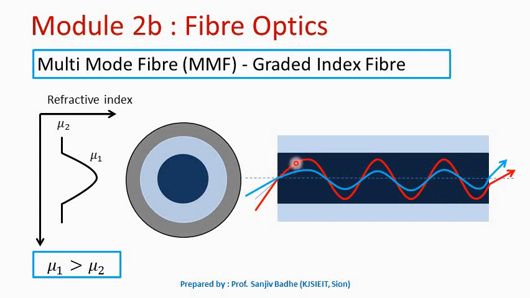The direction of the light ray will continuously change because the refractive index is continuously changing. This variation in refractive index can be achieved by using concentric layers of different refractive indices. This will cause the periodic focusing of the light when it travels through the fiber.